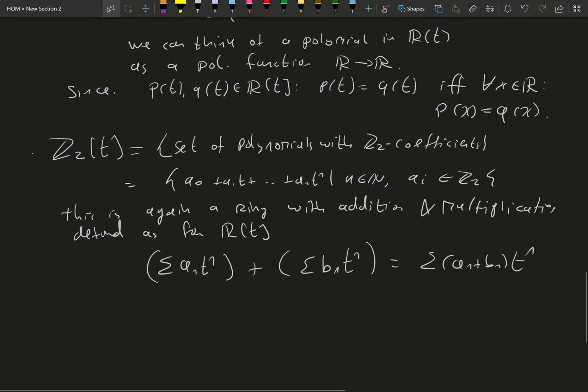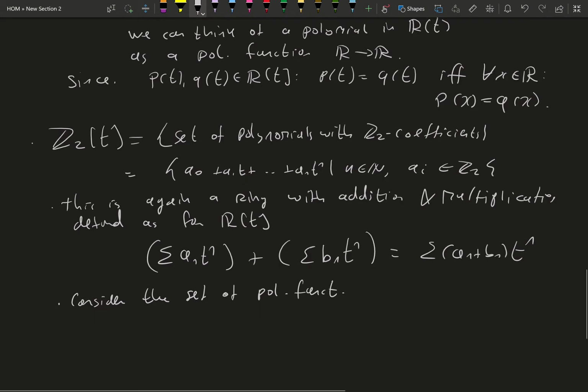Right? But now, consider the set of all functions from Z2 to Z2, right? Then we have here the set of all functions from Z2 to Z2.